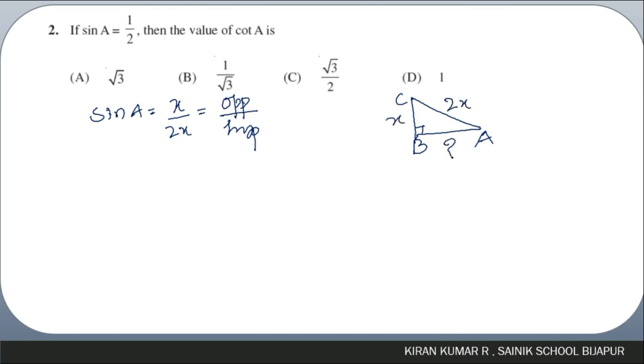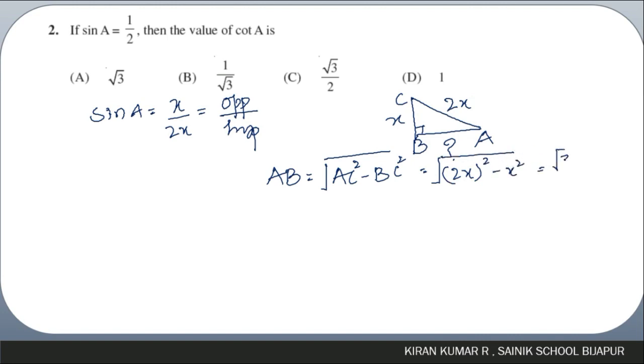I need to find the length of AB. AB will be square root of AC square minus BC square, root of 2x whole square minus x square. We get it as root 3 times of x.